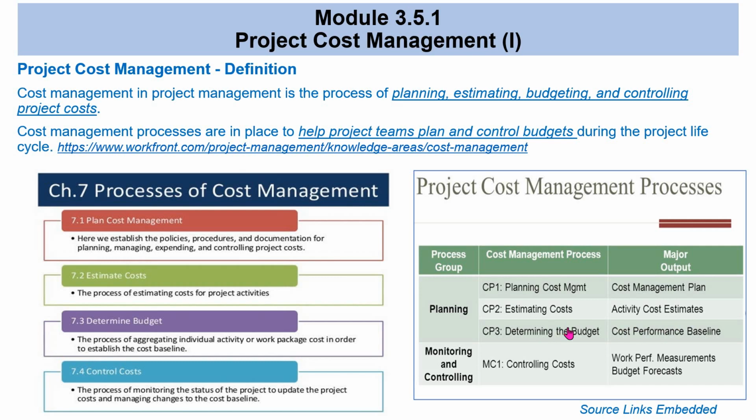Then there are other parts like controlling the cost, which is part of the monitoring and controlling process group. Again, you see the relationship between the knowledge area of cost and all the things you have to perform, mapped to which process group each belongs to.